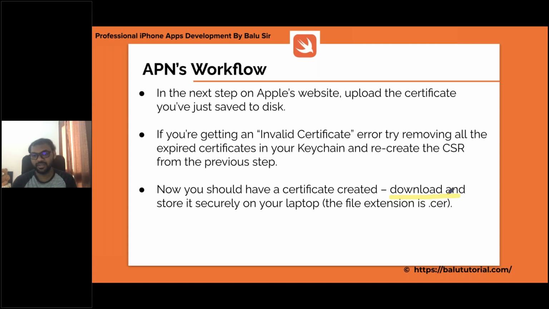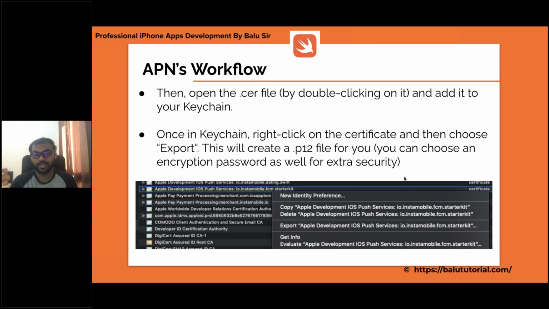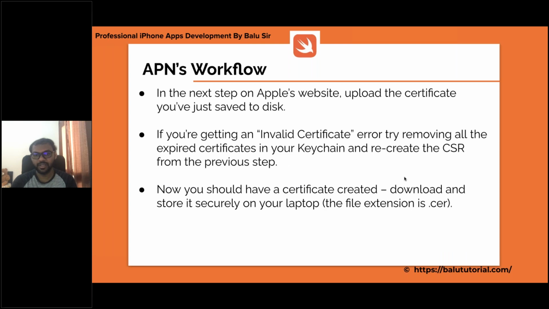So download the certificate and save it. The certificate will have a .cer extension. Okay, so this is one particular part. You upload a CSR file, it will give you a certificate, download that certificate and store it.